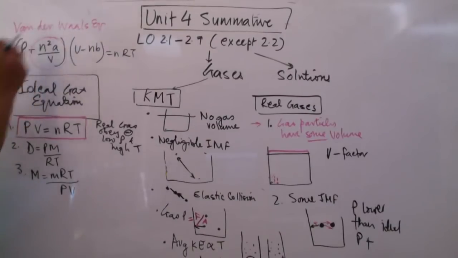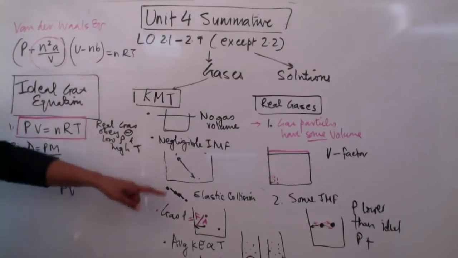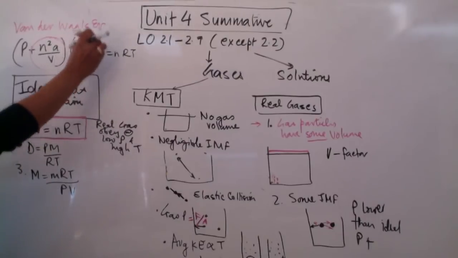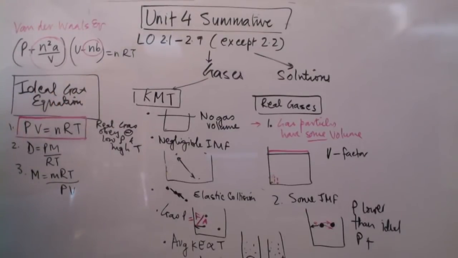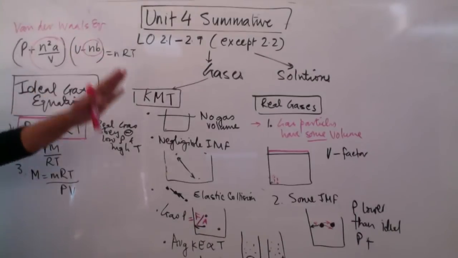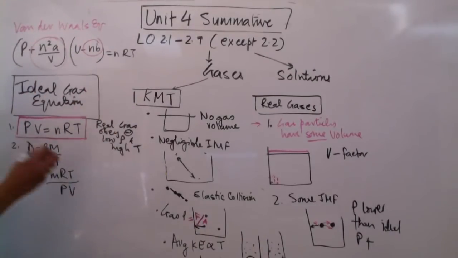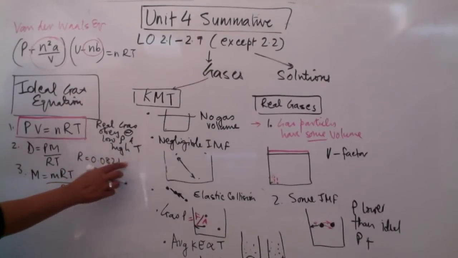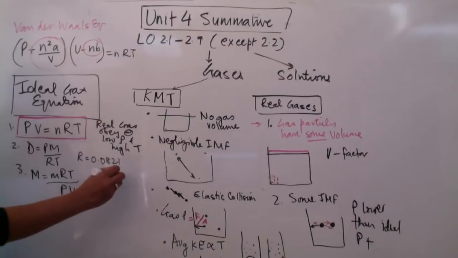This equation has a correction factor added to the pressure so that the effect of non-negligible intermolecular forces can be included, and a factor is subtracted from volume, so the effect of non-negligible particle volume can be accommodated in the real gas equation. So this much was the theoretical part. R's value here is 0.0821 liter atmosphere per Kelvin mole.